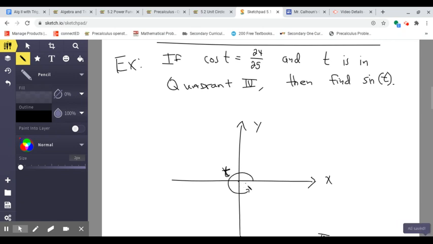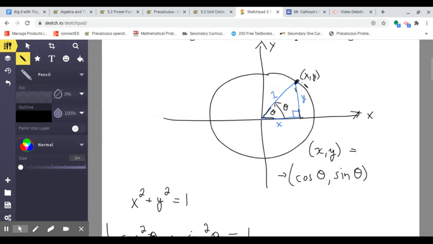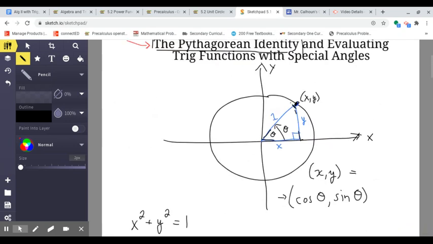So let's go ahead and construct a triangle here. And why am I constructing a right triangle? Well, let's go back. We've got this point here. Anytime we're talking about trigonometric functions, we can always consider a triangle situated on the xy plane.